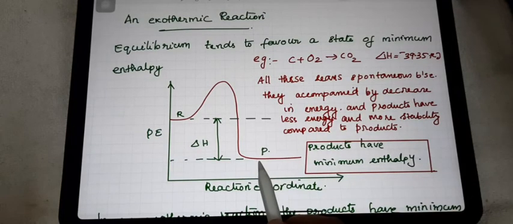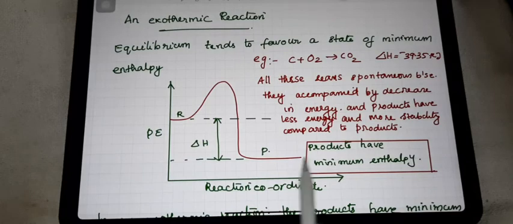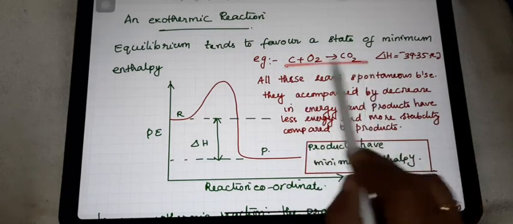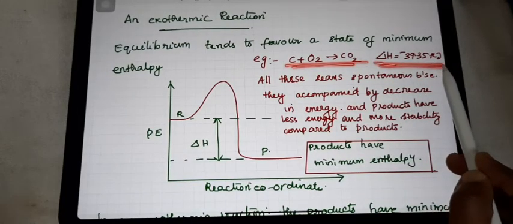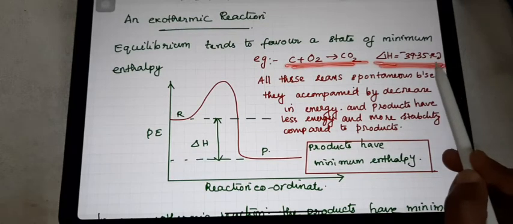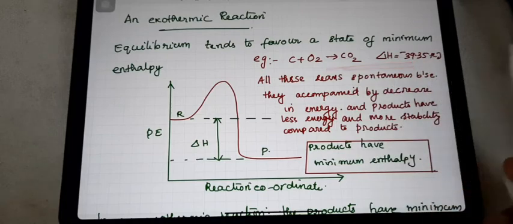Okay, because chemical reactions always prefer to get the minimum energy and minimum enthalpy. That means the most stable situation. So just imagine this equation, C plus O2 gives CO2, the delta H value is a negative value, minus 393.5 is the value. So this is spontaneous because of the decrease in energy.